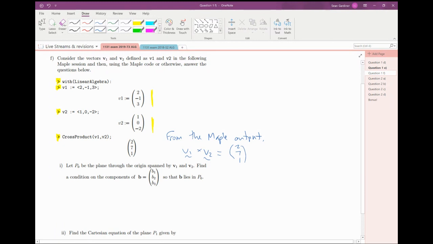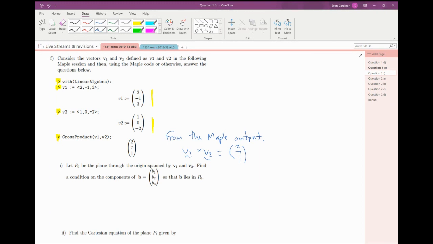So that's really useful, right? We will probably need to use the cross product somewhere else in this question, and now we don't have to calculate it, because you might know from experience that calculating the cross product of two vectors can lead to lots of sign errors and things like that. Well, we have the answer here now, so we don't need to worry about that.